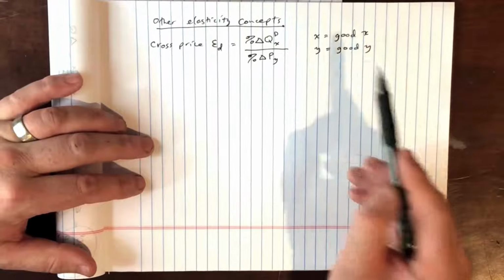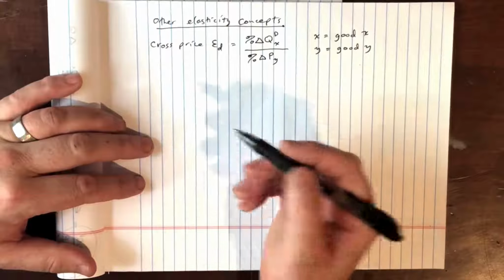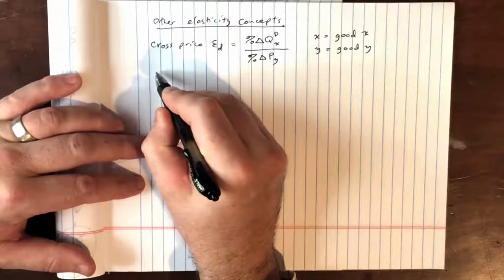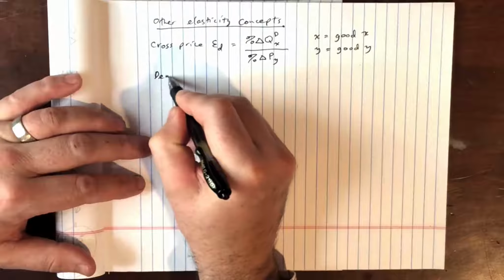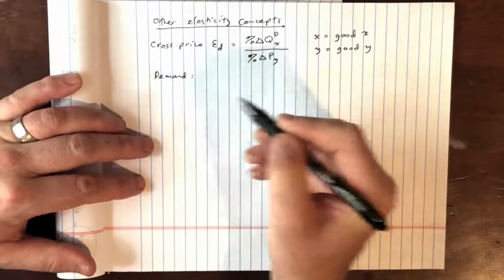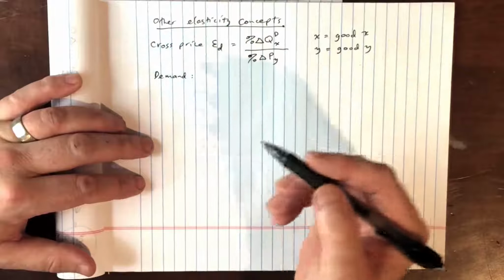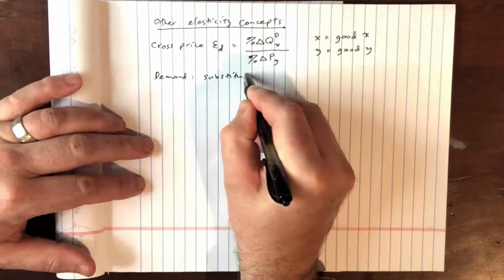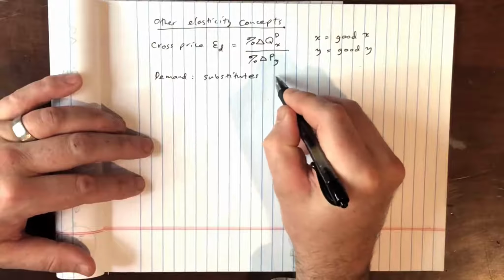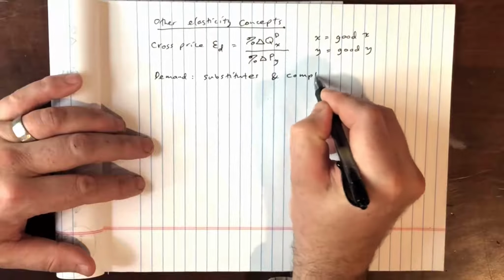All right, so we know that goods are related to one another. And from our discussion of demand, we have two relationships that we've singled out to talk about. Those relationships are substitutes and complements.